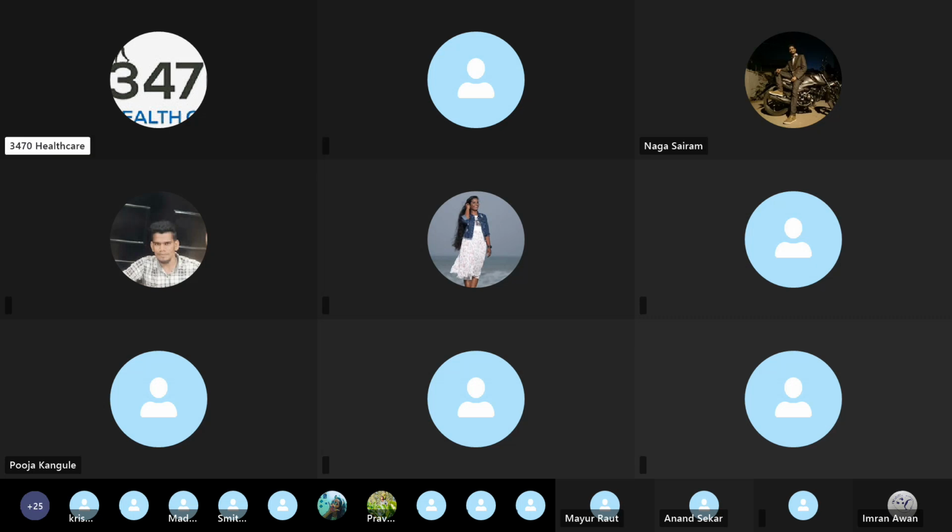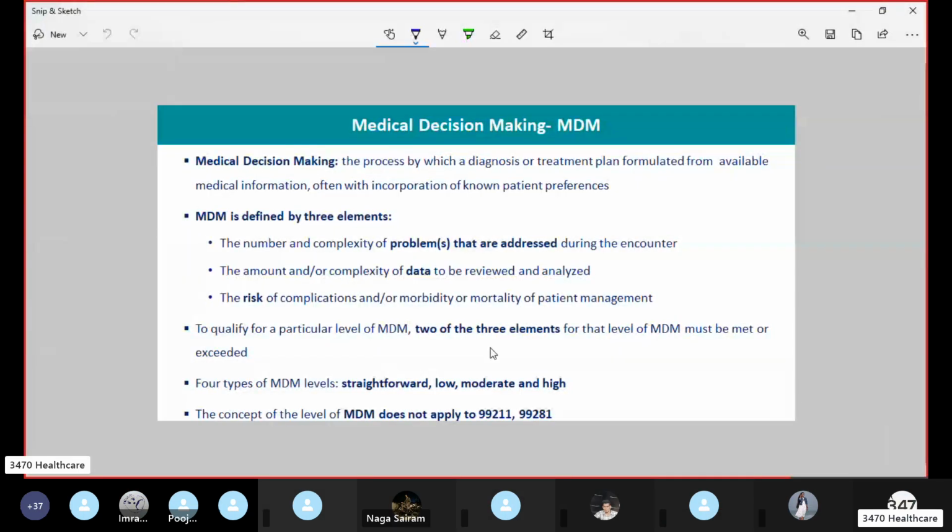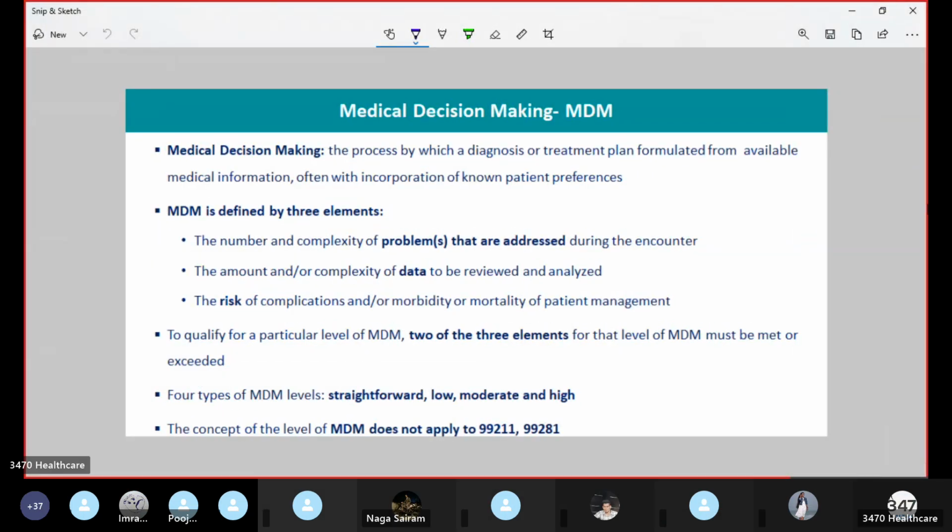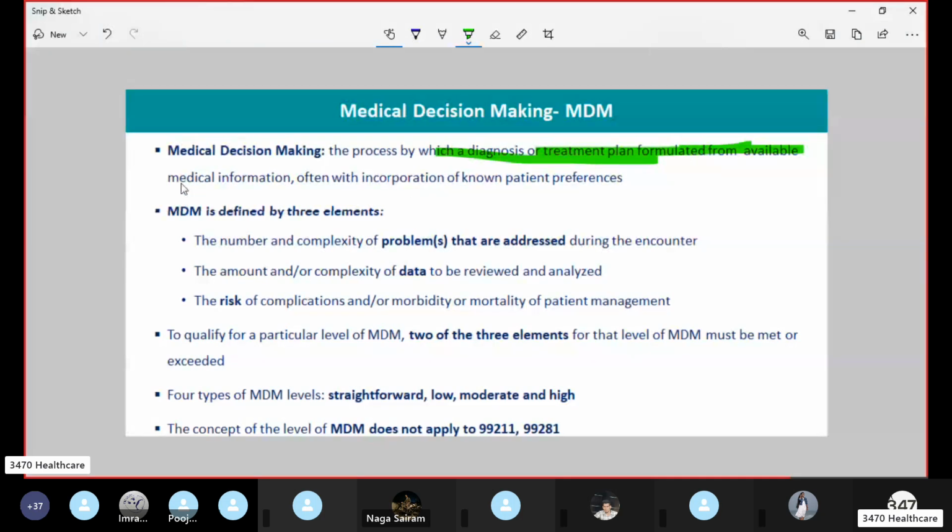Please make a note of this MDM. Everyone, please write these points. MDM is the process by which a diagnosis or treatment plan is formulated from the available medical information, often with the incorporation of known patient preference. So this is the MDM.